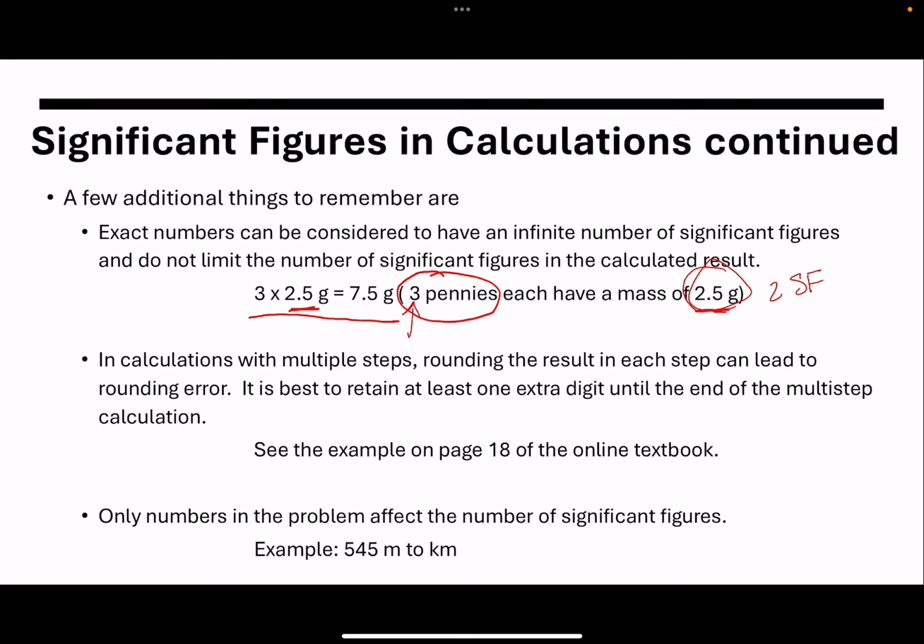In calculations with multiple steps, rounding the result in each step can lead to rounding error. So you should always wait until the very end to do the actual rounding, or you may end up with an answer that is a little bit off of where you want it to be.